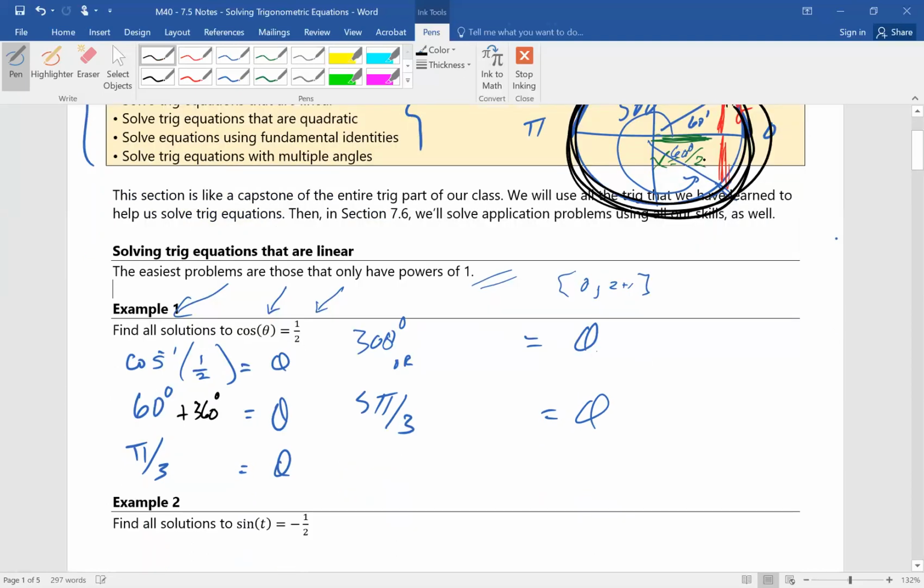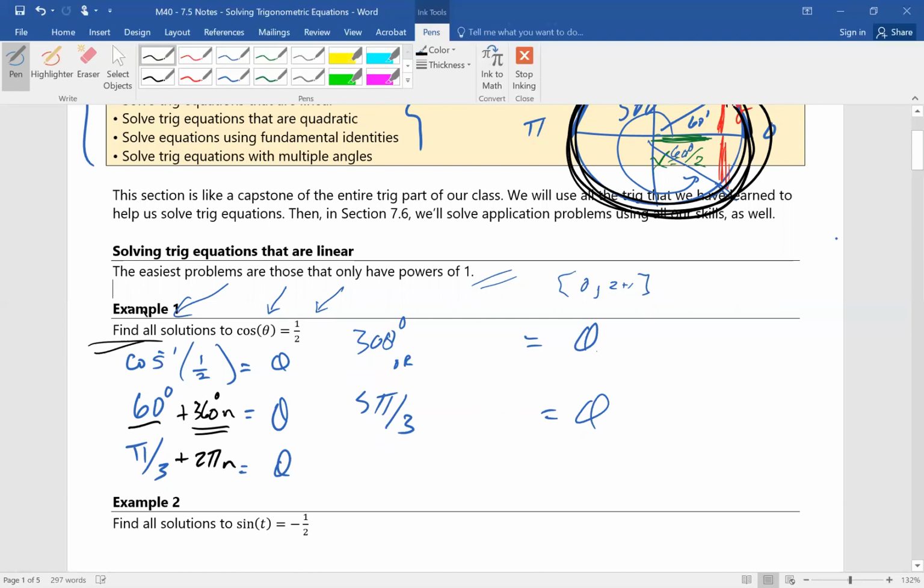So what you see in the textbooks, and for this one, if you're asked to find all solutions, you're going to be required to say, hey, it's 60 plus any more times around the circle, which is 360 degrees, times how many times you want to go around. Get it? And that's going to hold true for this pi over 3 version. If it's in radians, you can just say 2 pi times n.